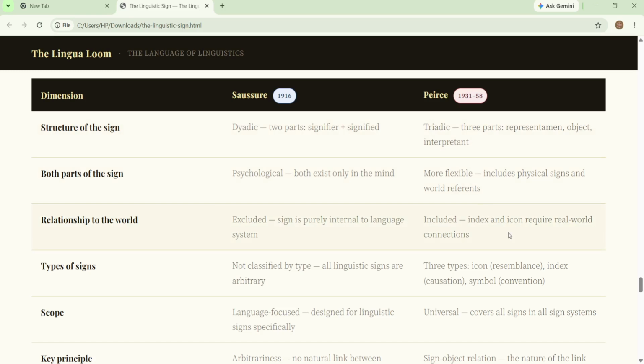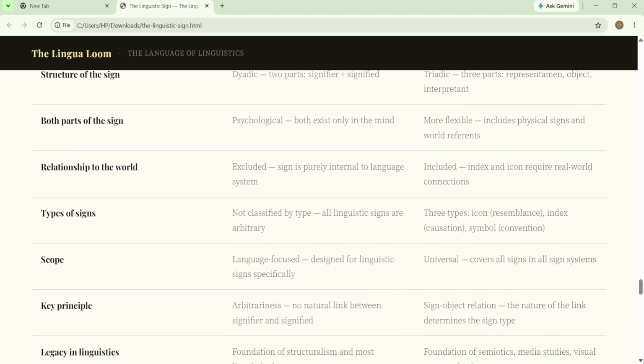Types of signs: in Saussure, signs are not classified by type, as linguistic signs are arbitrary, whereas in Peirce they are classified into three types: icon, index, and symbol. Scope: Saussure's model is language-focused, designed specifically for linguistic signs, while Peirce's is universal and covers all signs in a sign system.